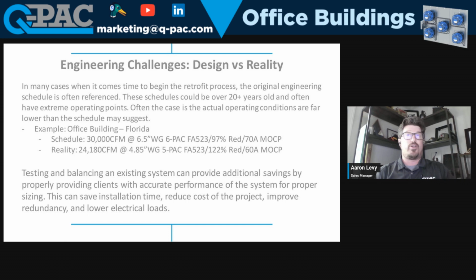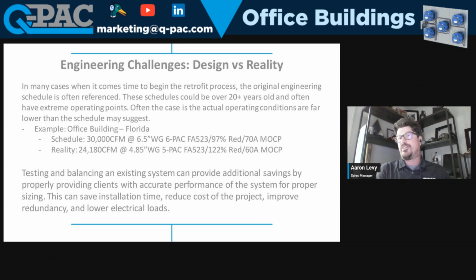Either the on-site building has never done any test and balancing, and they don't have test and balancing reports from however long it's been. So when a team walks in, they say, well, we're going to retrofit the system, here's our engineering print, and it's 50, 60,000 CFM at 9 inches of static. The actual reality is that the system's probably not running anywhere near that.